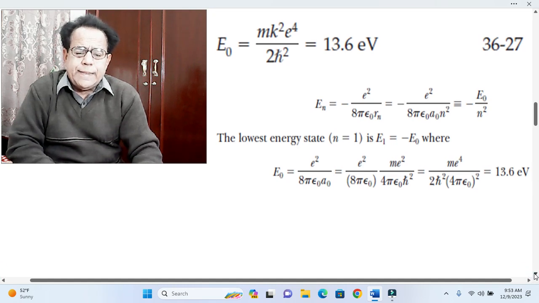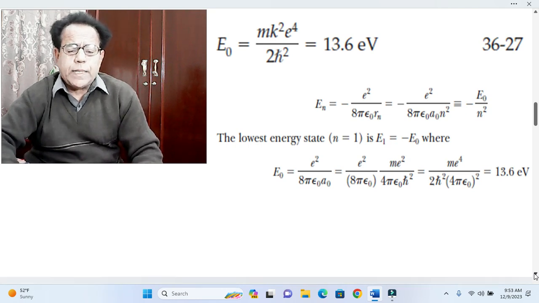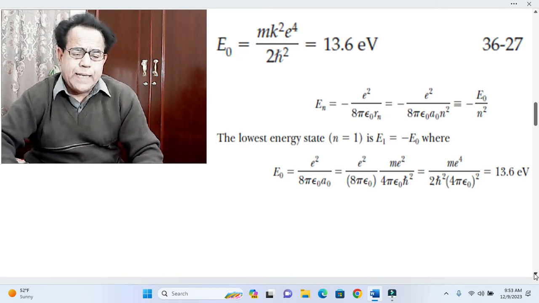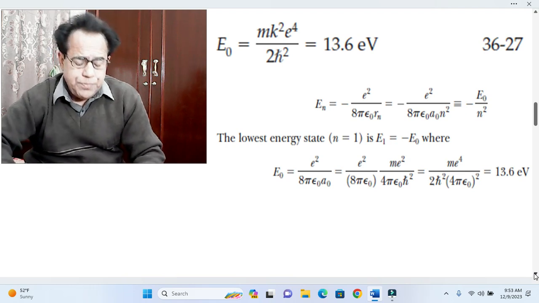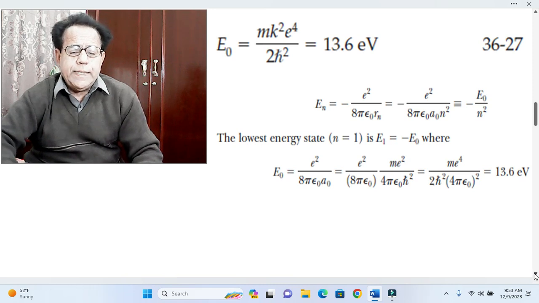Next snapshot is about E naught equal to m k square into e raised to the power 4 divided by 2 h cut square. Dear students, here h cut is not simply Planck's constant, rather it is h bar or h reduced, which indicates Planck's constant h divided by 2 pi.